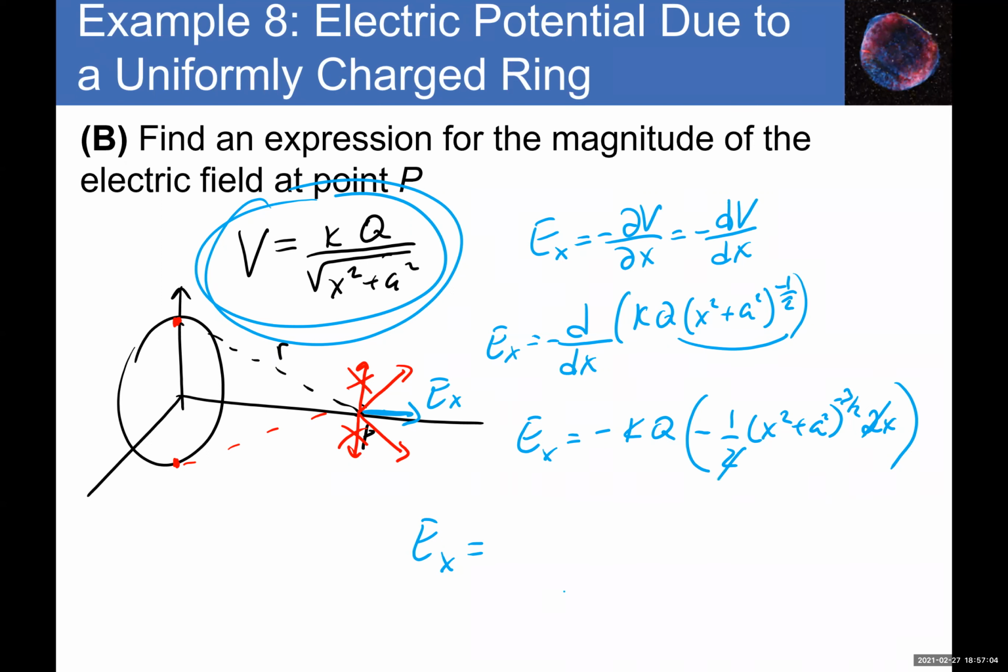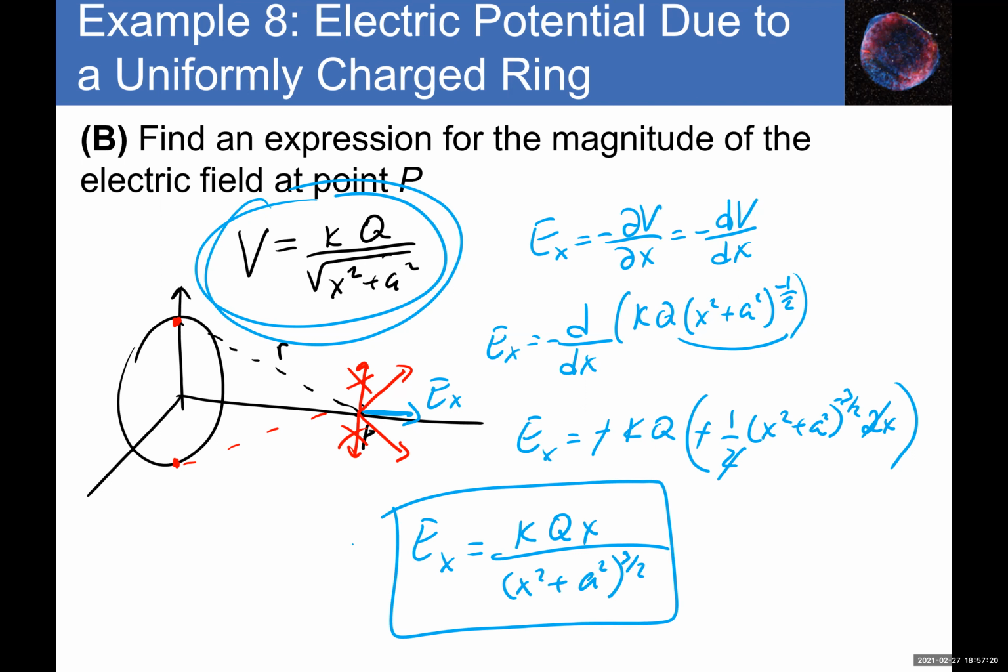This 2 cancels out, and the negatives cancel out. I have kQx over (x squared plus a squared) to the 3/2. And that's my answer: kQx over (x squared plus a squared) to the 3/2.